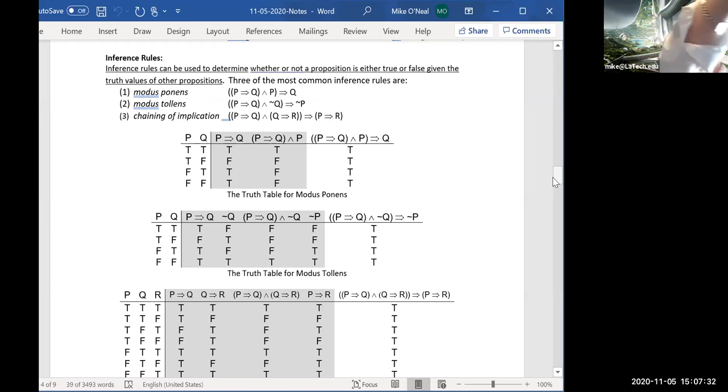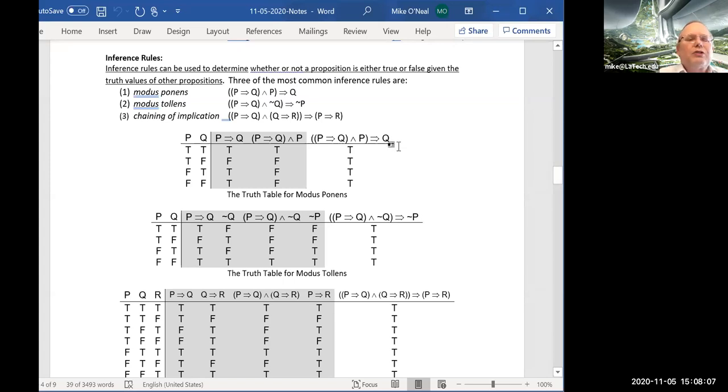Fewer and fewer profs are doing that these days, but hey, I like the old-fashioned Latin names. So you have modus ponens, modus tollens, and then chaining of implication. These are 3 rules of inference that you can use to ferret out new things that are true based on some things that you know being true.